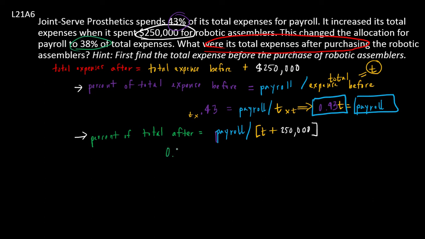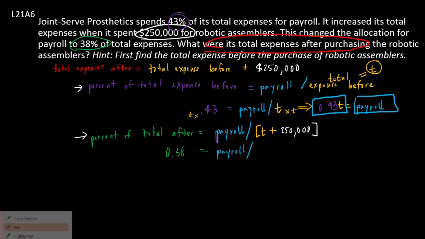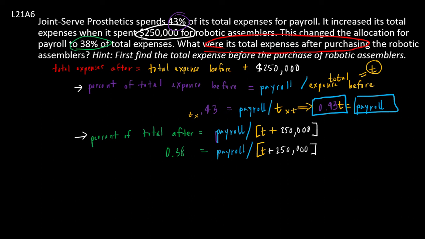So I write 0.38 is equal to payroll divided by, and again I've got this phrase T plus $250,000, which is equivalent to total expenses after. In fact, to help you remember that, I'm going to put it in a red box, just to help us remember that that's equivalent to total expenses after.